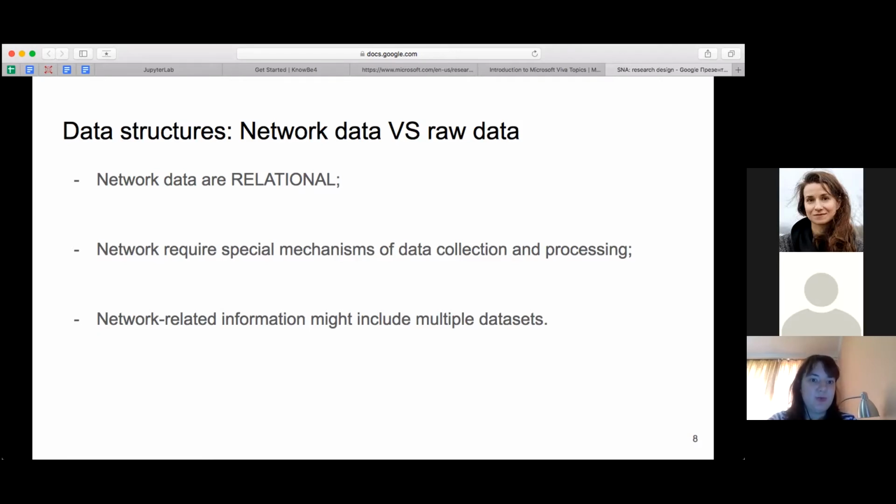We also should know that networks require special mechanisms of data collection and processing due to this very special structure. And we also should take into account that network-related information might include multiple data sets.